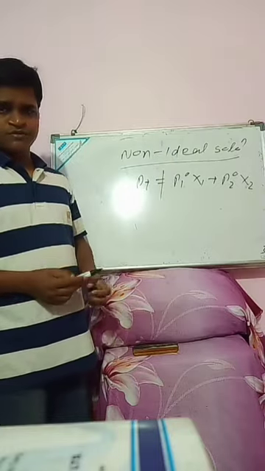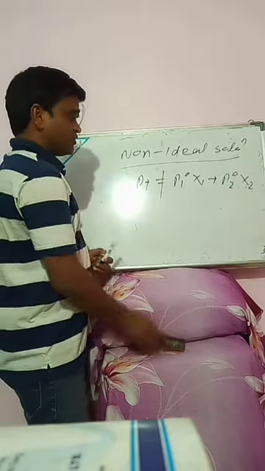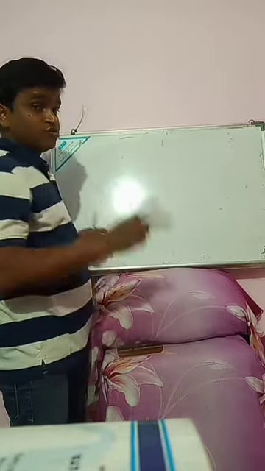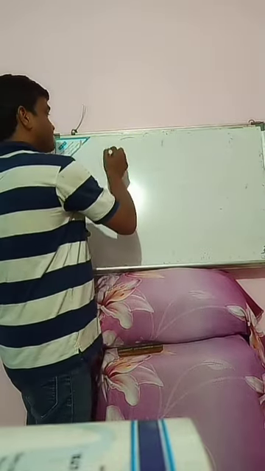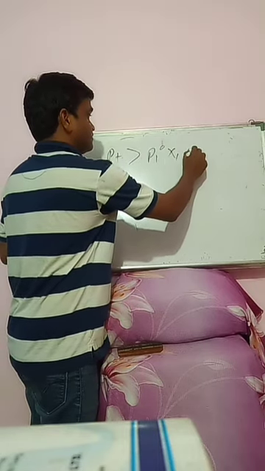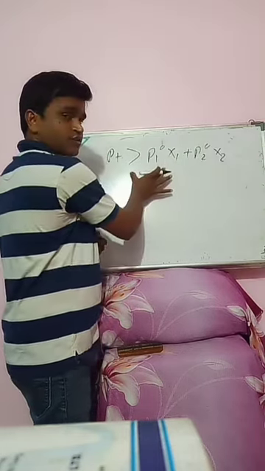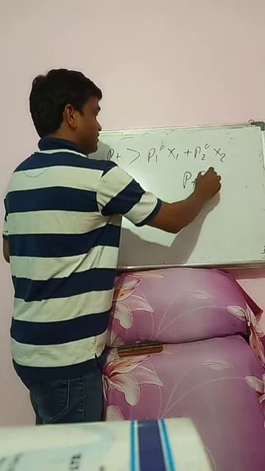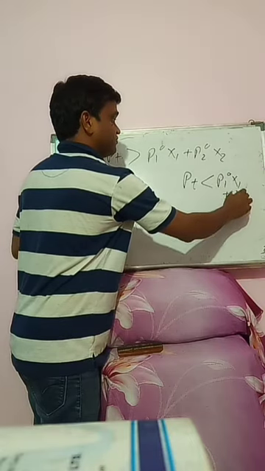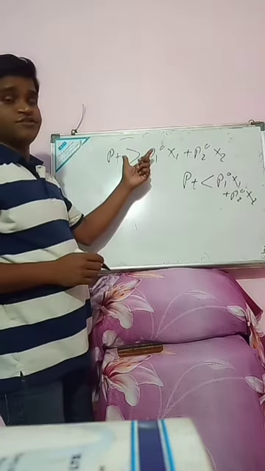If the total vapor pressure is not equal to that of the sum of the partial vapor pressures of the individual components, then two conditions arise. That is, either total vapor pressure is greater than P1 naught x1 plus P2 naught x2. This is one condition. Another condition, P total is less than P1 naught x1 plus P2 naught x2. These two conditions arise.